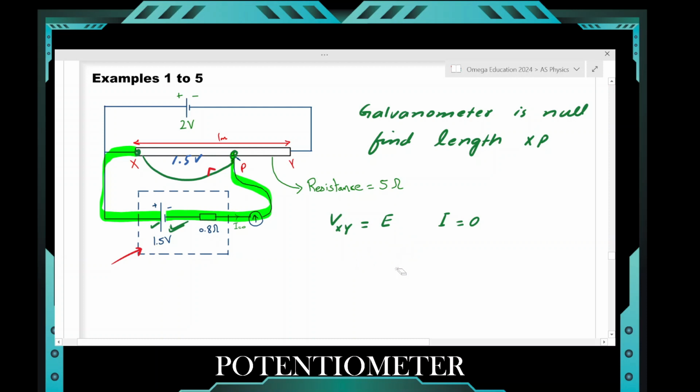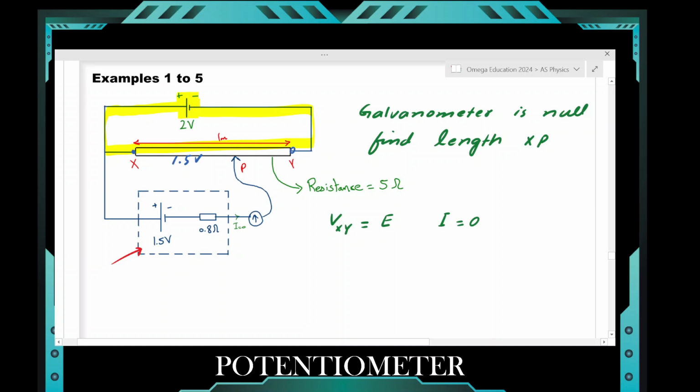What we need to find is at what length these two values are equal. So let us consider the upper circuit first. The upper one. Okay, and I'm going to erase all the extra stuff from here. So you see in the upper circuit, the 2 volts, if I consider this circuit only, will be provided all the way across the wire XY.